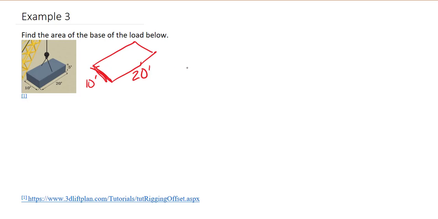So if we look at this, we go 10 times 20. Well, that would give us 200. And this is feet squared.